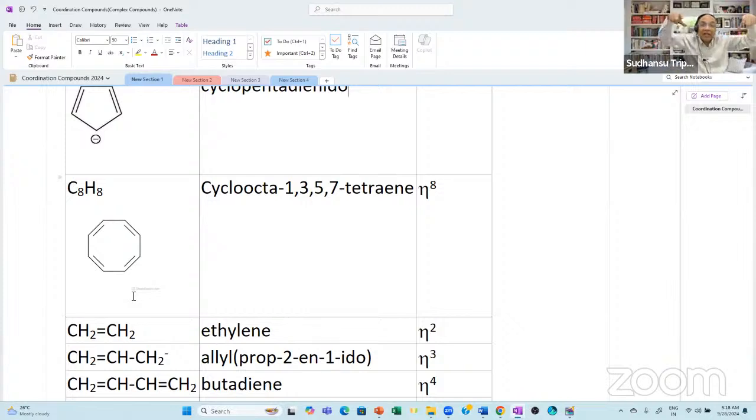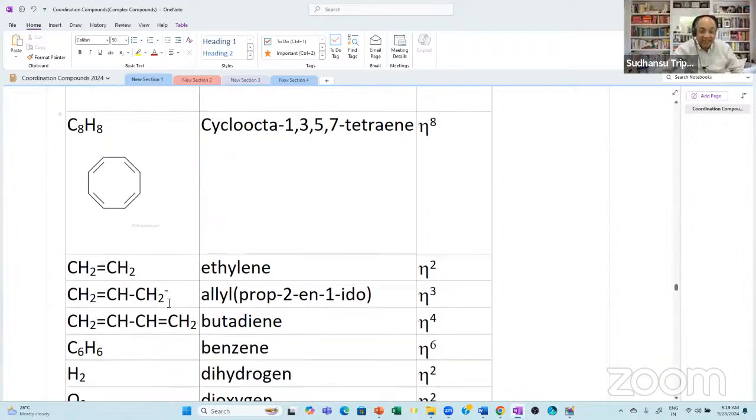Or only some selected ones, 1, 2, 5, 6, the 4 in the upper part of the tub, can be connected, so it will act as a tetrahaptic ligand. But the maximum hapticity is 8.